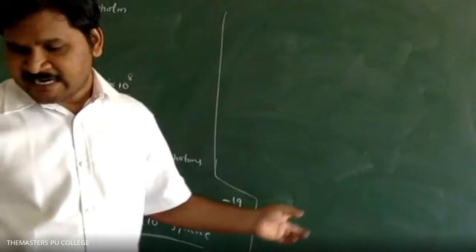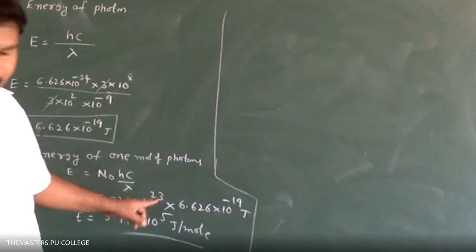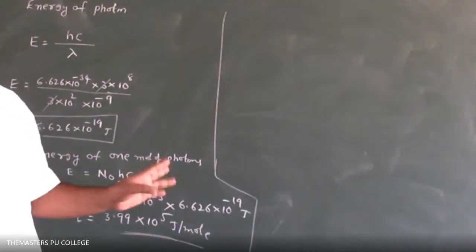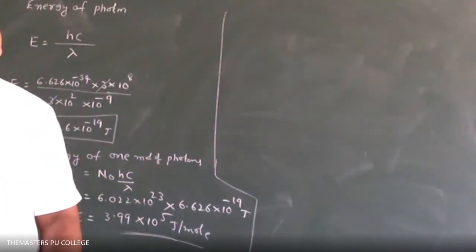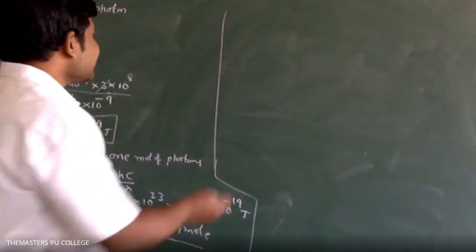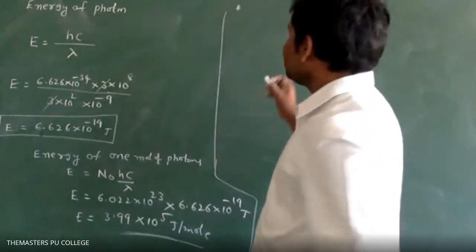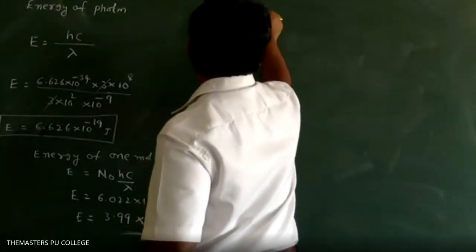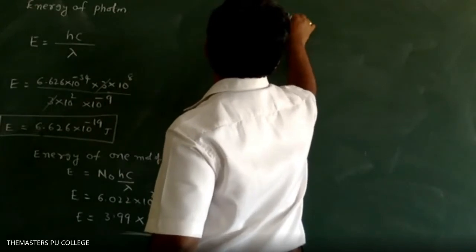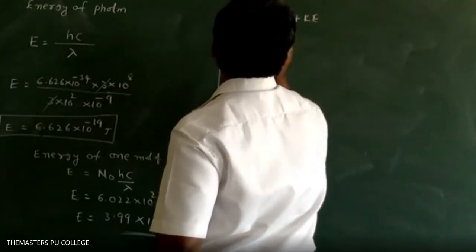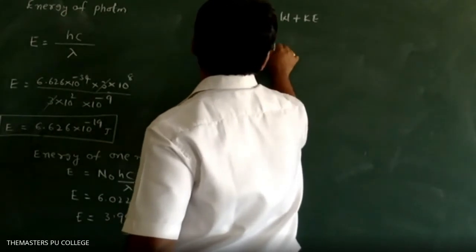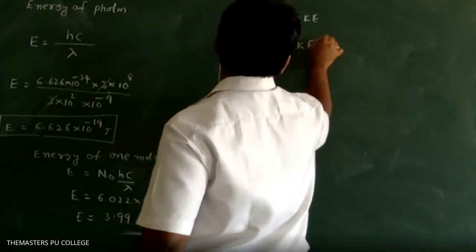Wait, I will explain all. First, we got the energy of 1 mole of photons, that is 3.99 into 10 power 5 joule per mole. Next, minimum energy. The formula is E is equal to W plus KE. So W is equal to E minus KE.